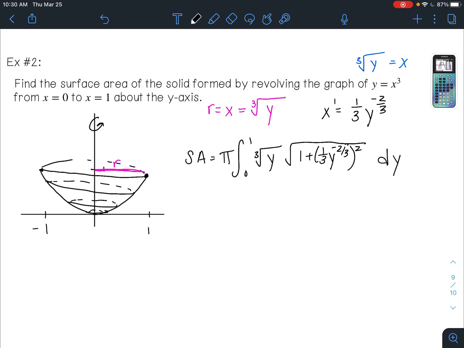We got math 9 for our integral, going 0 to 1, and then I've got, let's see, we're going to use the 1/3 power there for my y to the 1/3 times the square root of 1 plus, I'm going to put a fraction in there with alpha y equals, I got 1 over 3, and then my variable raised to the negative 2/3 power, I'm going to square that, move outside of my square root.